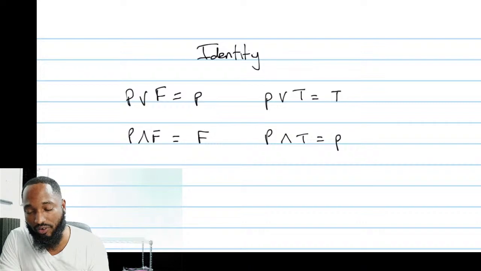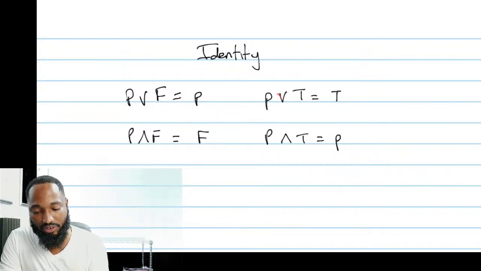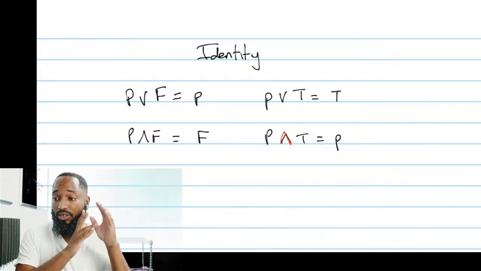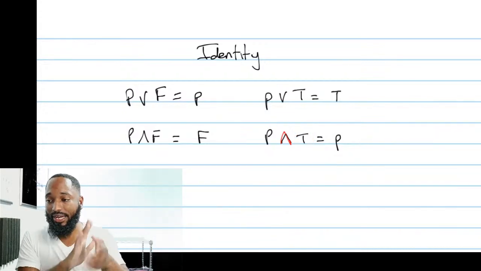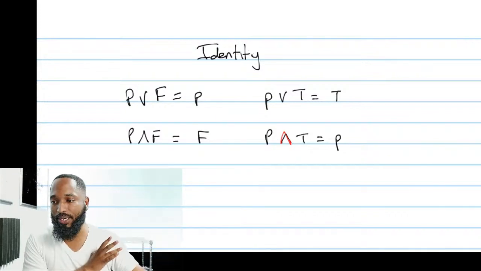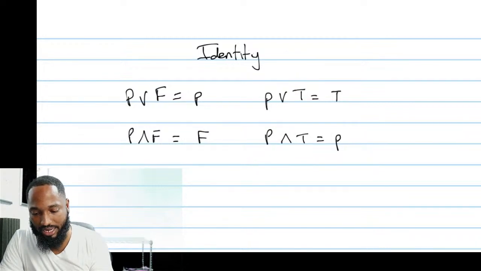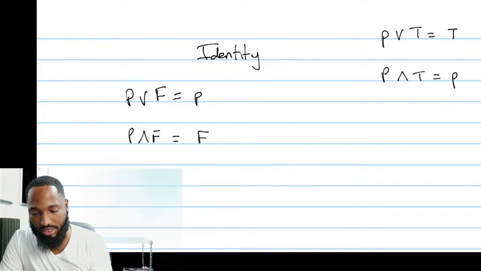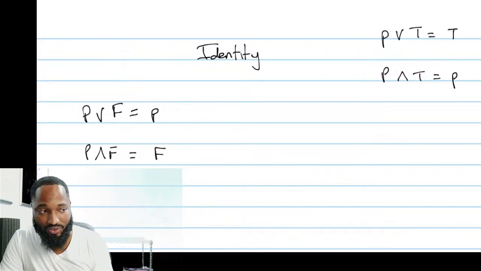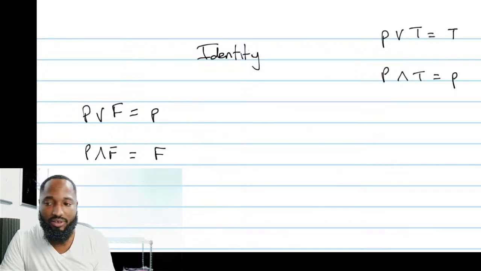The identity of the OR function is false, and the identity of the AND function is true, because you do something that's always true, and P will give you back P. Let's just see it in a truth table so it can be a little clearer. Once you understand it, you shouldn't have to memorize it too much.